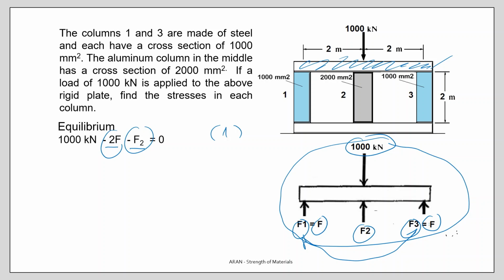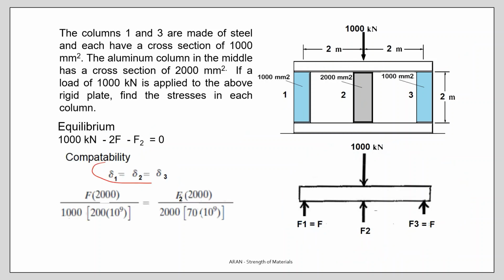If my plate is rigid, all columns will be shortened, and their shortenings delta 1, delta 2, and delta 3 should be equal. Let me write down this relation. I know delta is F, length, over the cross section and the E value. And I know that for steel, E is 200 gigapascals.